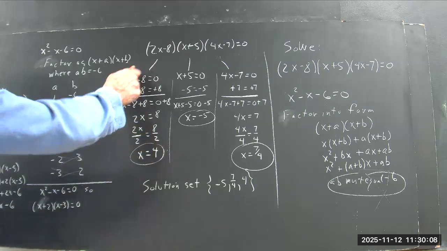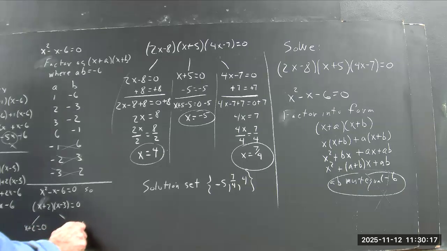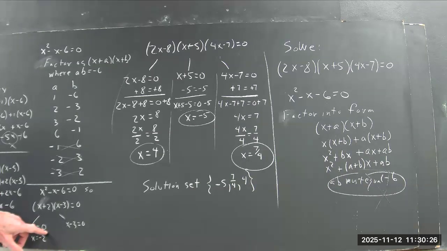And just as in the case over here, this splits into the equation x plus 2 equals 0 and the equation x minus 3 equals 0. And we don't need to do a lot of steps to figure out that if x plus 2 is 0, x has to be minus 2. And the solution to this equation is obviously x equals 3. Though I still recommend that you write out the steps.